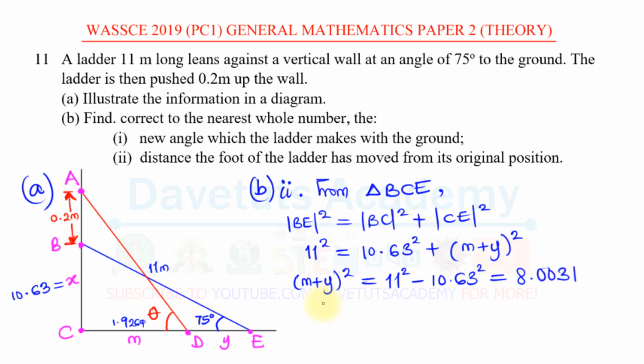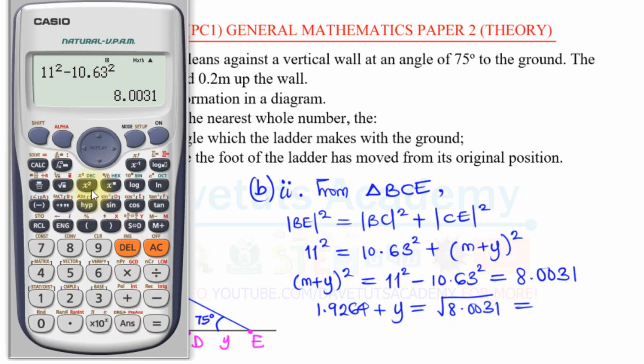So now M plus Y, I want to put the value for M, so that 1.9264 plus Y is equal to the square root of 8.0031. And what's the square root of 8.0031?